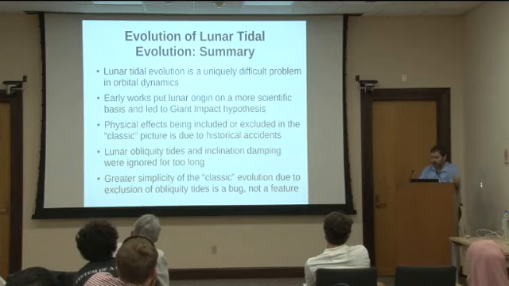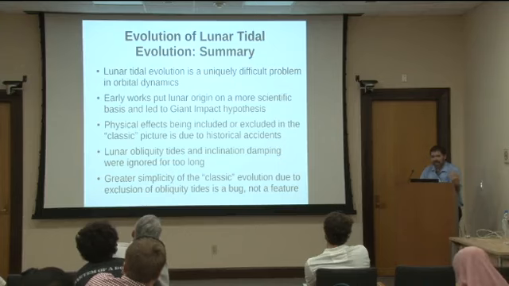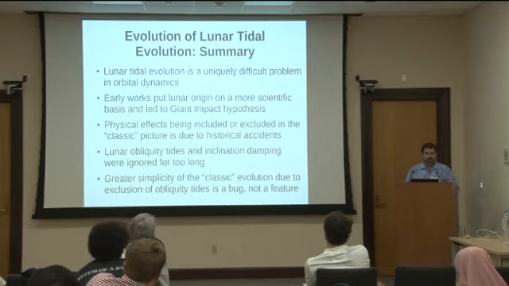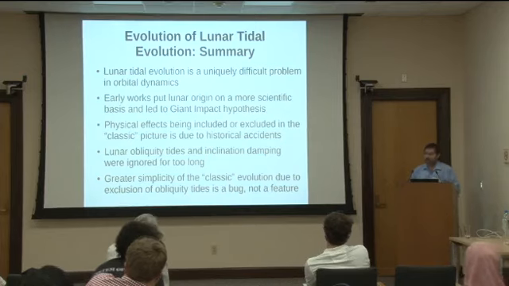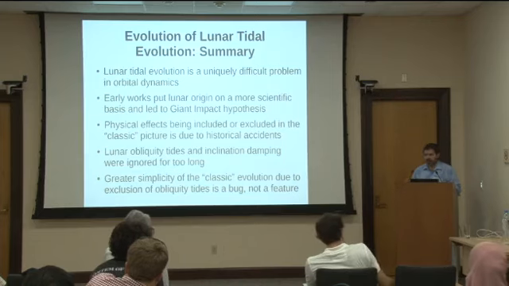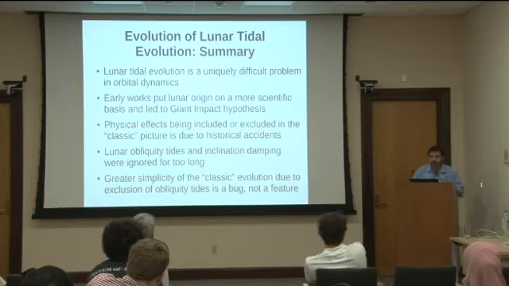But really, how we define the classical or canonical giant impact has to do with the original setup of the models of tidal evolution. And if some of the papers I showed were published in a different order, if Ward's paper came out before Goldreich's, it's very possible that our idea of canonical giant impact would be very different from what it turned out to be.